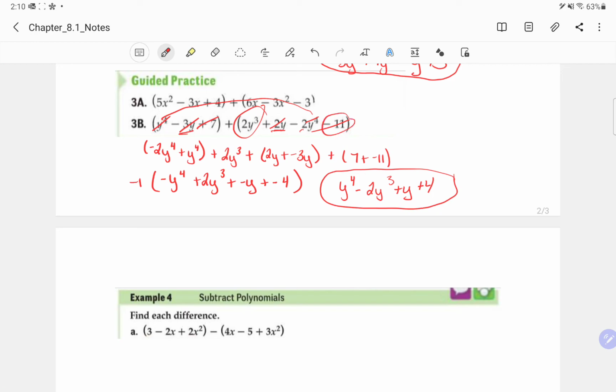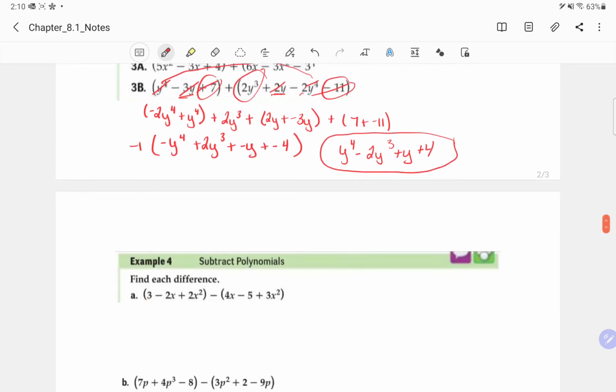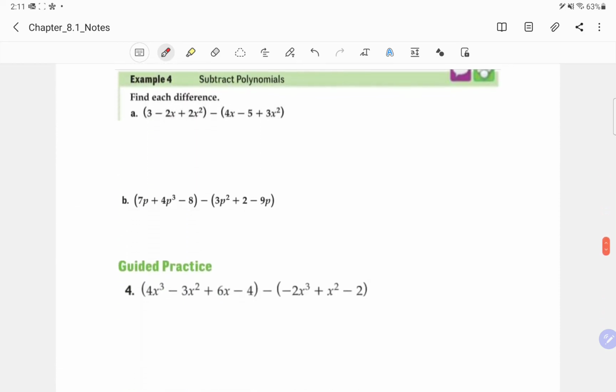And then my two constants went in a set of parentheses together. I combined those and I got -y to the fourth plus 2y cubed plus -y plus -4. I multiplied everything by -1 to make sure that was positive, and ended up with y to the fourth minus 2y cubed plus y plus 4.